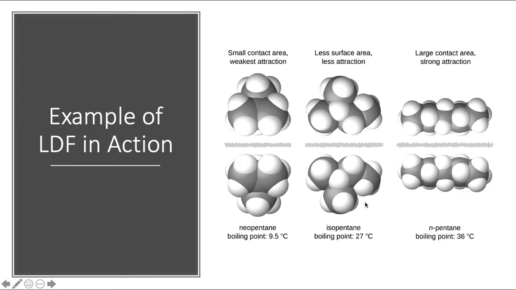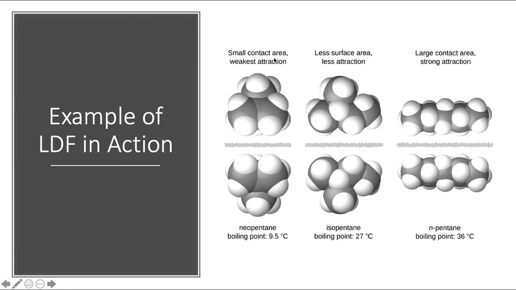Why is that? These have the exact same molecular weight, so that's not the determining factor. Now that I've crossed that out of the equation, I can look at the shape of the molecule. If I look at this one, I have a small contact area because the molecule is so compact that it doesn't have a lot of place to interact with another molecule.